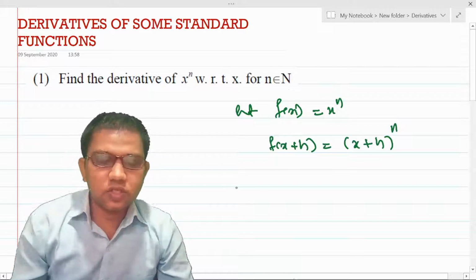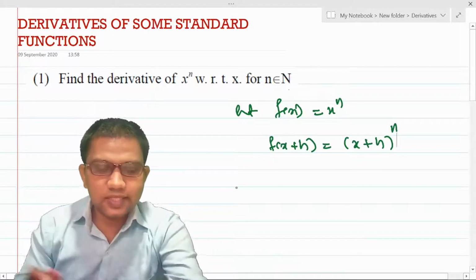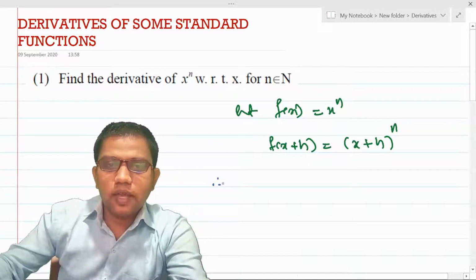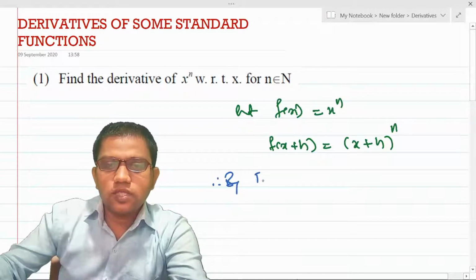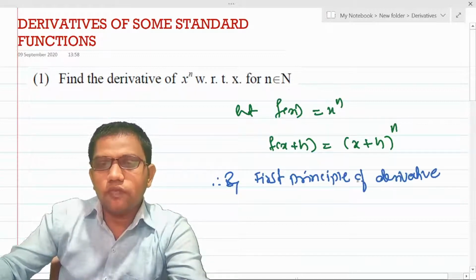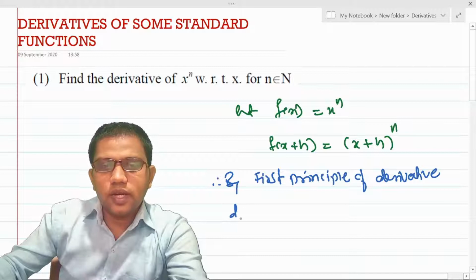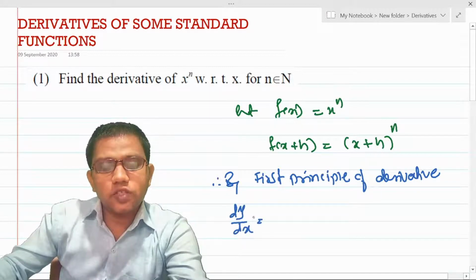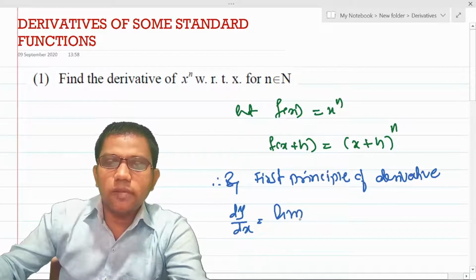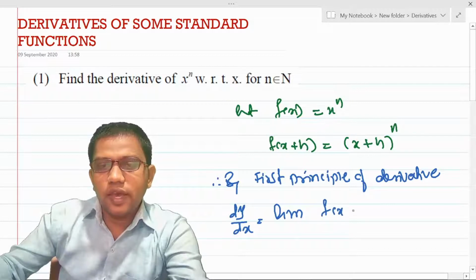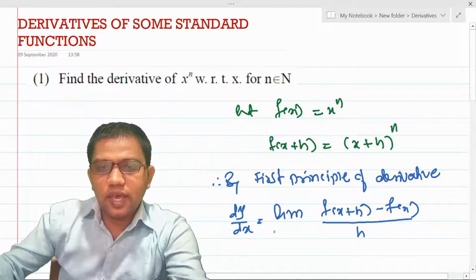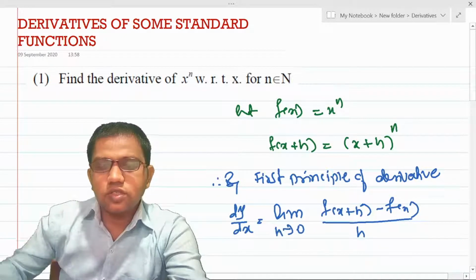What is the definition? Your definition is like this. Therefore, by first principle of derivative, dy by dx or f dash of x is equal to limit of f of x plus h minus f(x) upon h as h tends to 0.